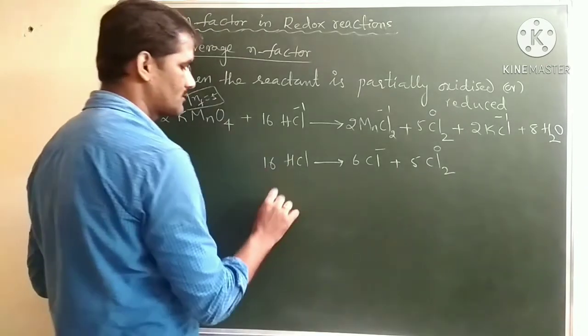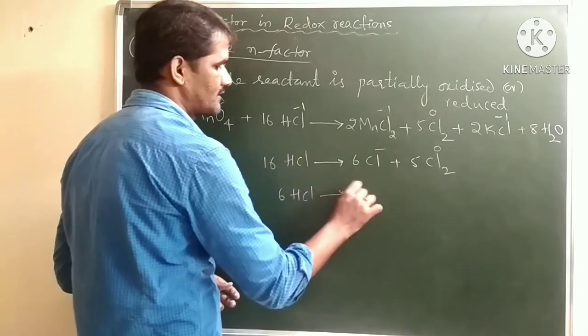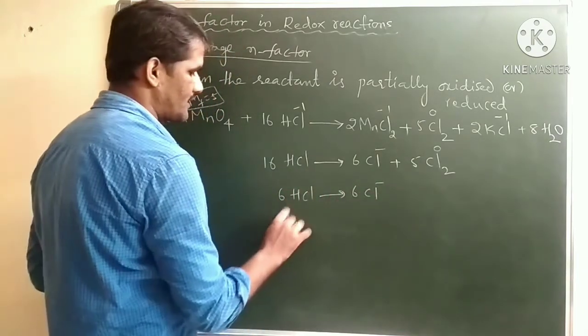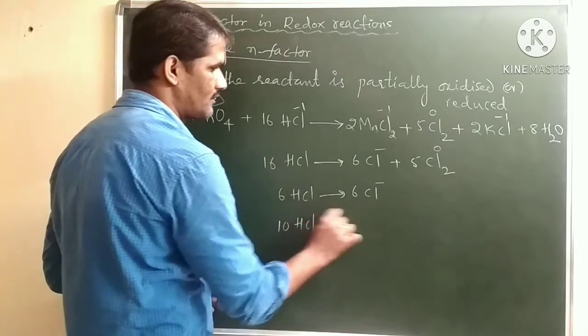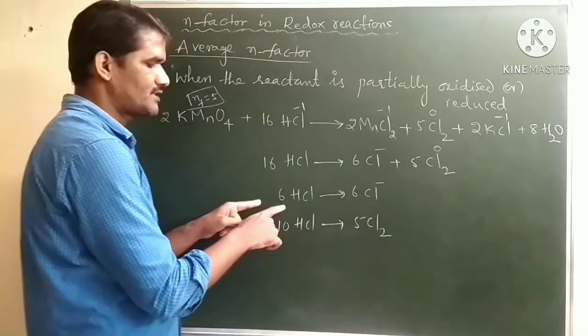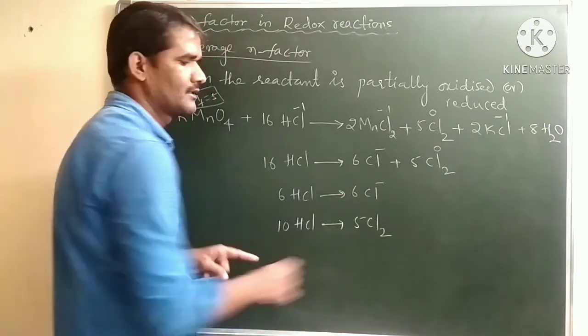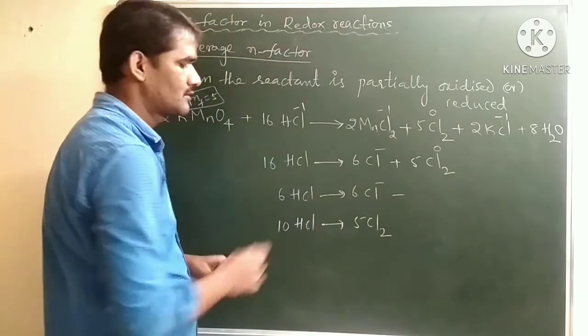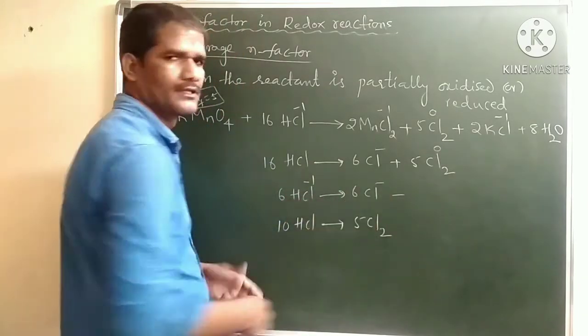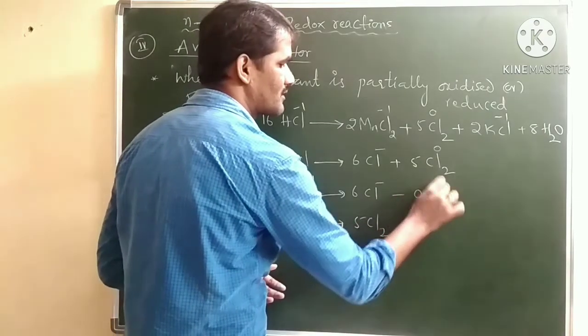So 6 HCl's are giving 6 Cl minus and 10 HCl are giving 5 Cl2. What is the number of electrons involved in this transition? Here chlorine -1 to -1, so no electron gain or loss, again 0 electrons.